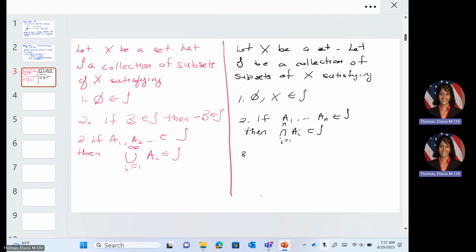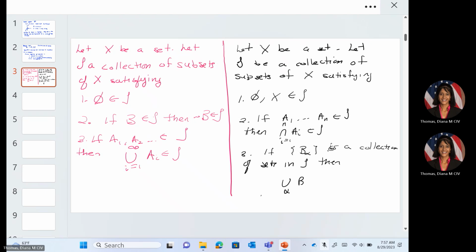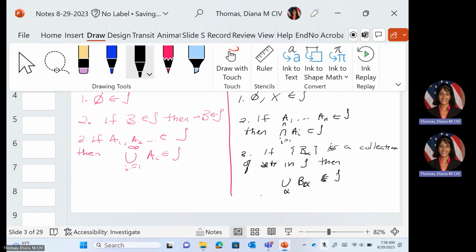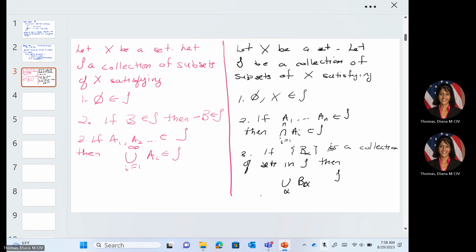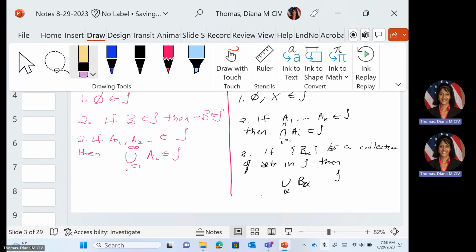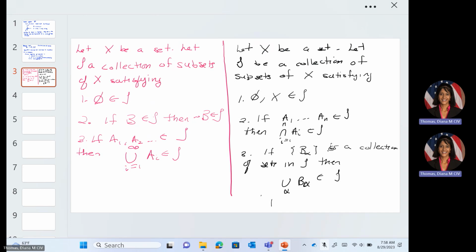That's it. They almost look the same, right? The key piece is that this is not a countable union. It doesn't have to be. Intersection has to be finite. So this is topology.